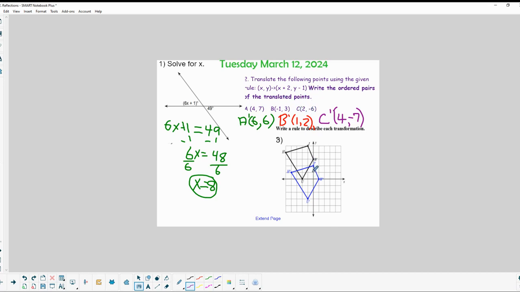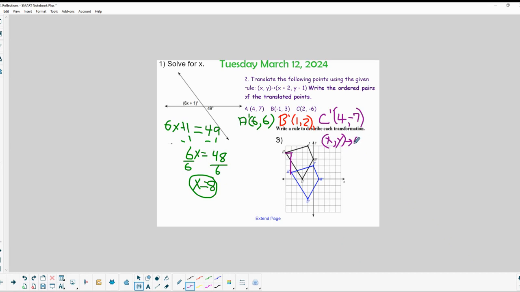Okay, on this next one, it says write a rule that describes a transformation. So we know we're going to describe what happens to x and y from the original image to get us to the new image. So if we just pick out one point, for example, h, for h to go to this h prime, we had to go over 1 and then down 1, 2, 3.